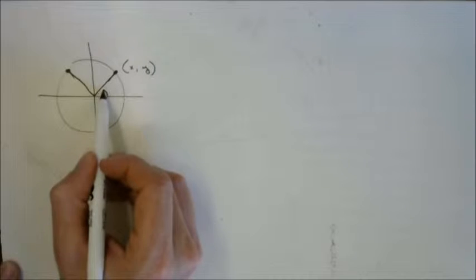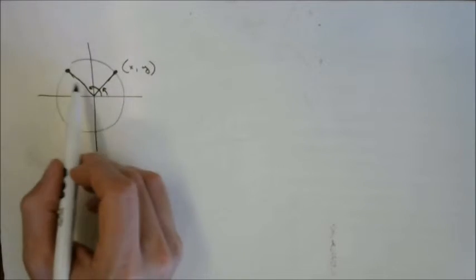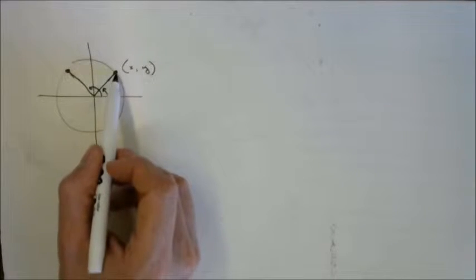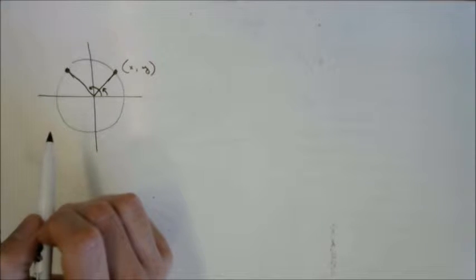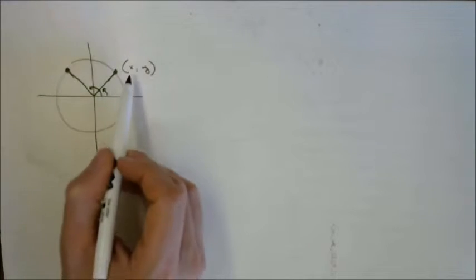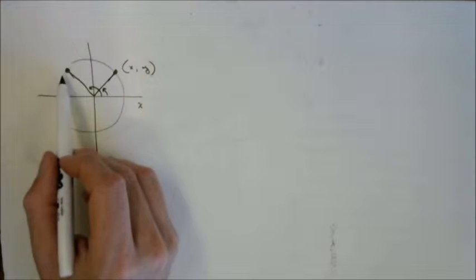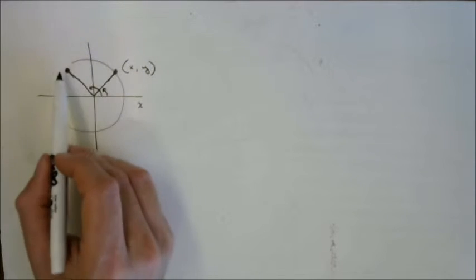So this angle was 45 degrees. This big angle is 135 degrees. Well, what's same and what's different between the x-coordinate of this point and the x-coordinate of that point? If we're just looking at the x-coordinate, it's the same value, but it's negative. What about the y-coordinate between this point and this point?